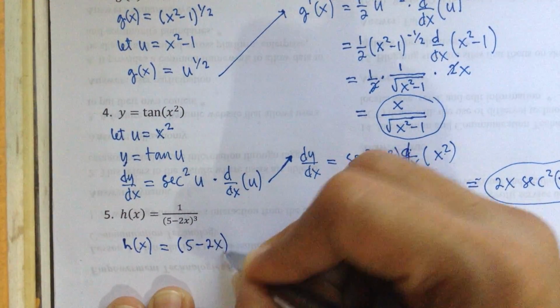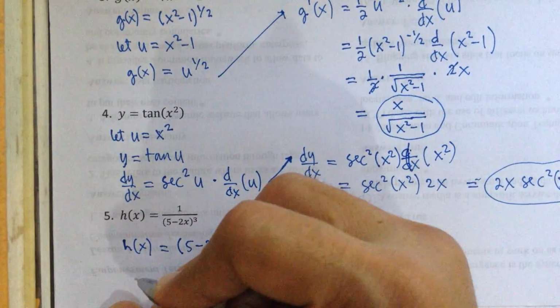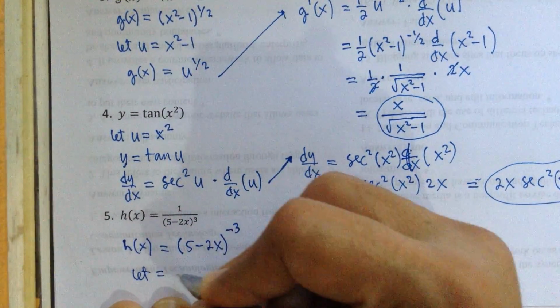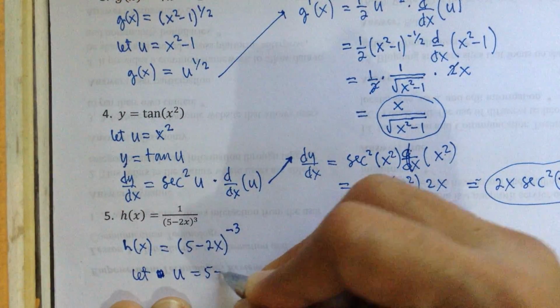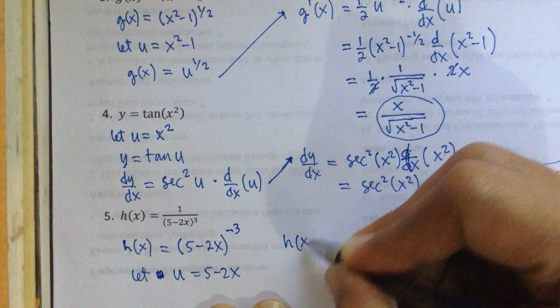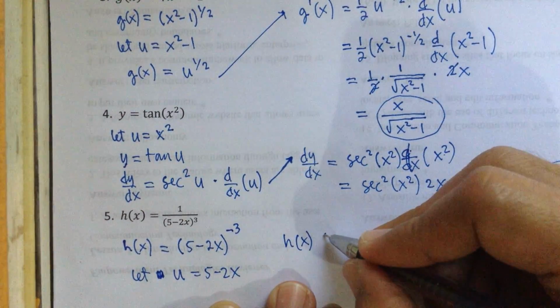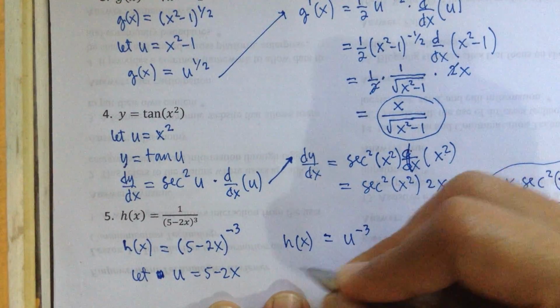So I would suggest to write this as 5 minus 2x to the negative 3, and assign for your u. So your u is 5 minus 2x, and then the function can be written as u to the negative 3.